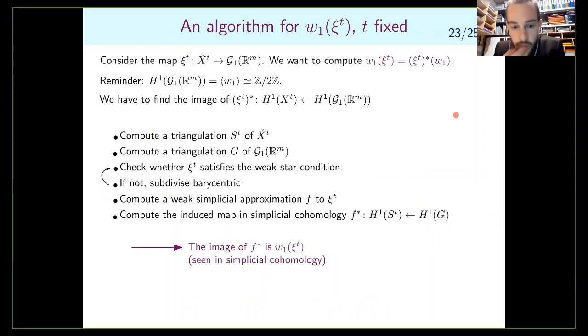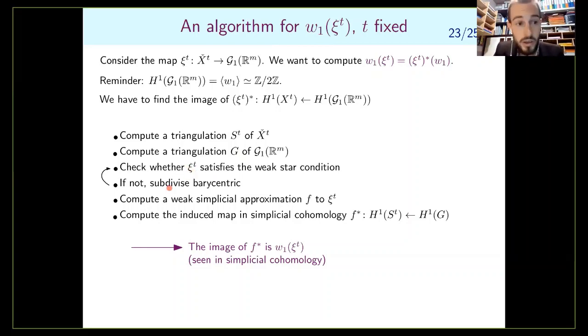Okay, so the algorithm at the end looks like that. If you want to compute w1 of xi, the persistent Stiefel-Whitney class at time t, you take a triangulation of your thickening, a triangulation of the Grassmannian, you subdivide ST until xi t satisfies the weak star condition.